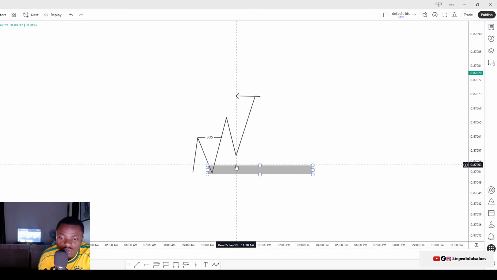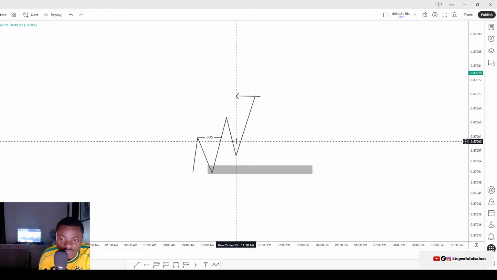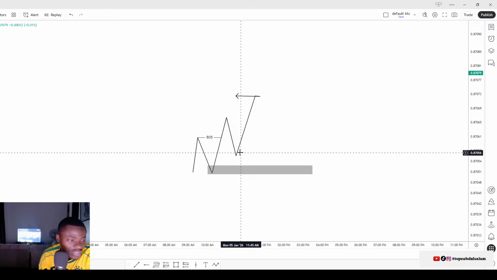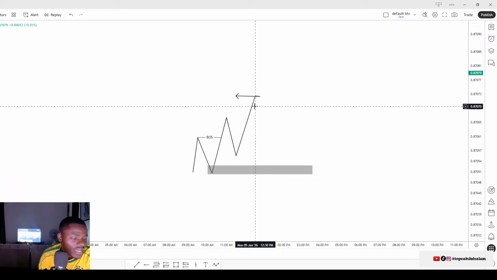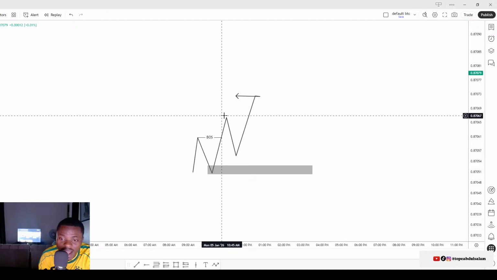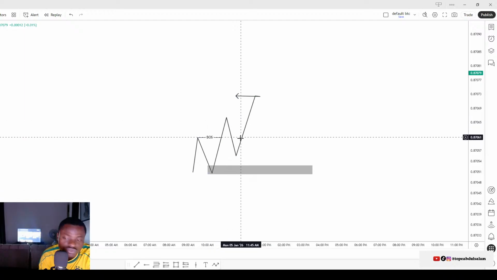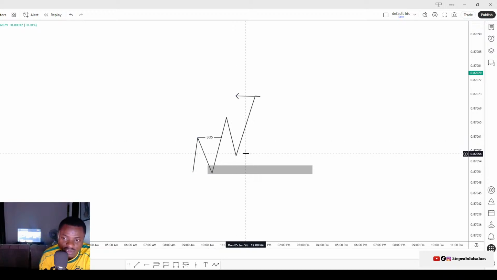But we are not just looking at this point of interest. We are looking at inducement. We want people to start buying early to create liquidity around that area, so that when the market comes, it will take out people that start buying early before it triggers the real zone. You get? So the first pullback after a valid break of structure, that is our liquidity or inducement.